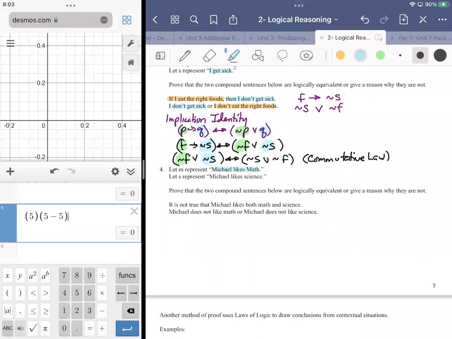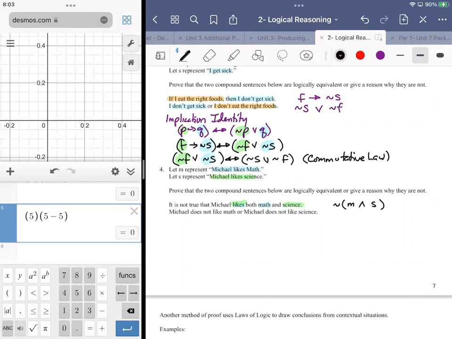It is not true that Michael likes both math and science. So they're saying it's not true that Michael likes both math and science.